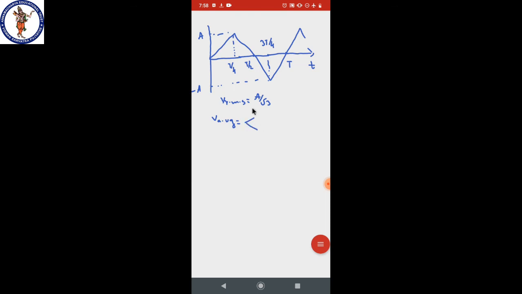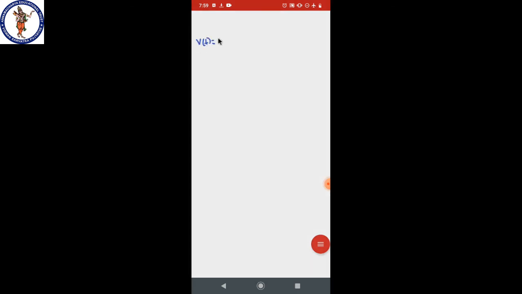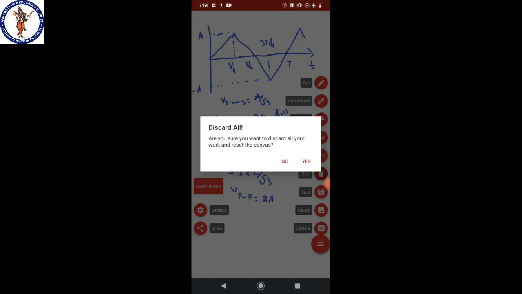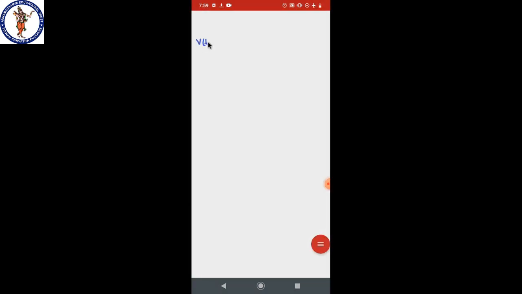V average equal to 0 for the full cycle, A by 2 for the half cycle. Peak factor equal to root 3, form factor equal to 2 by root 3, V peak to peak equal to 2A. This is the full waveform for the triangular waveform.